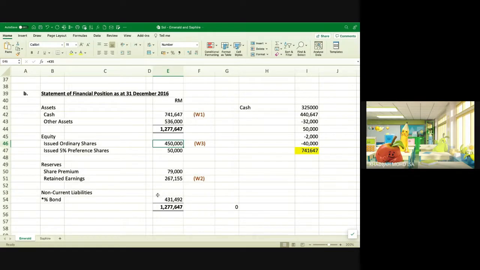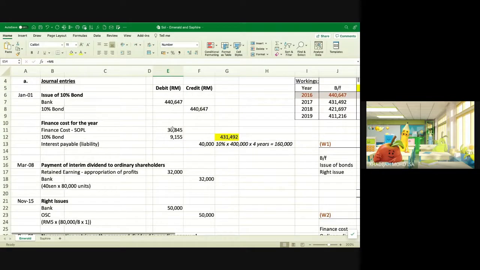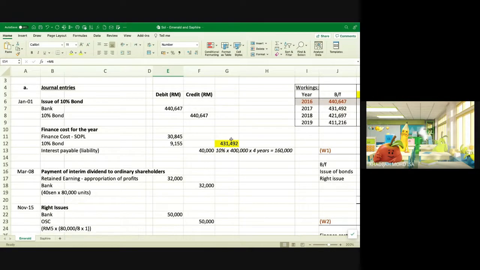Non-current, okay, this one. So this is the figure that you're going to put at the end of 2016, okay? So that's what will be the entry.